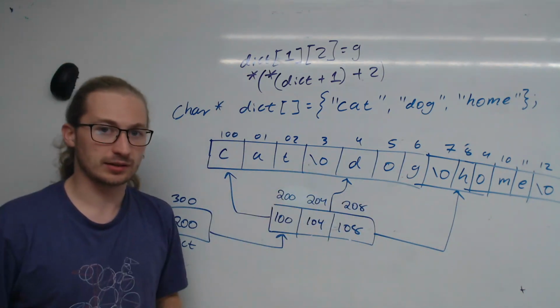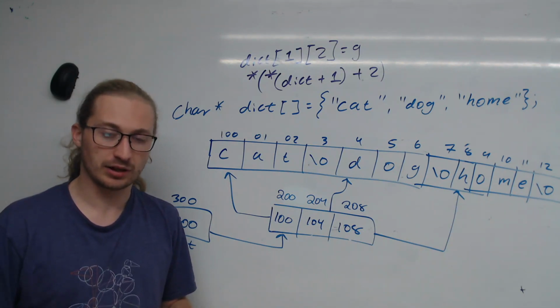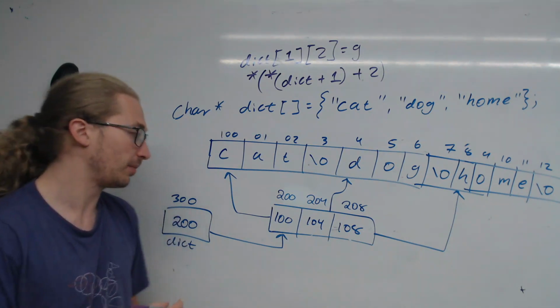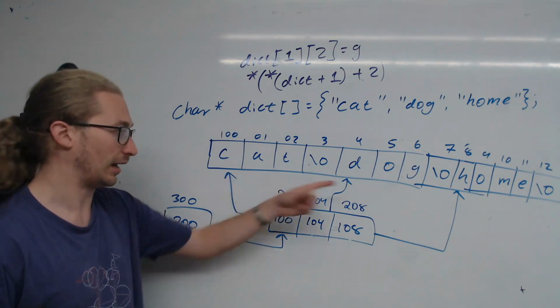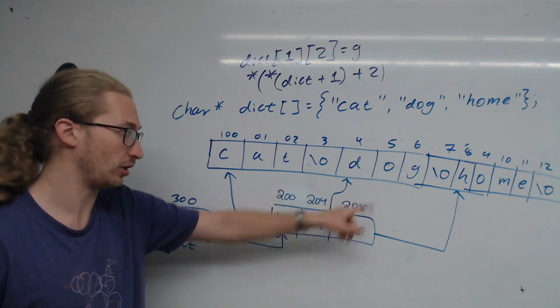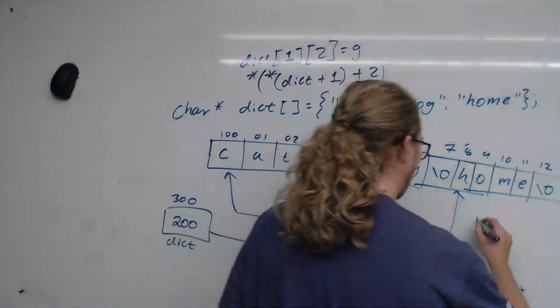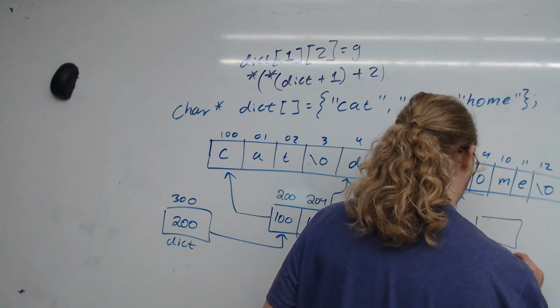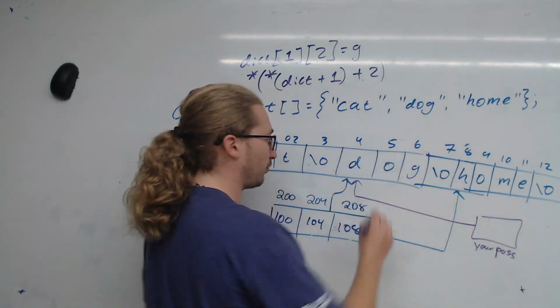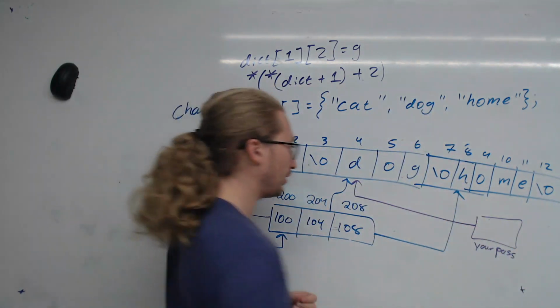Now, a lot of people say that C is sort of like an unsafe language, and this is a really good example of why. Suppose, I don't know, this was my password is cat, and this was your password, and your password is dog. Presumably, you'll have a pointer, maybe it's your password, and it points to the start of where your password lives in memory.